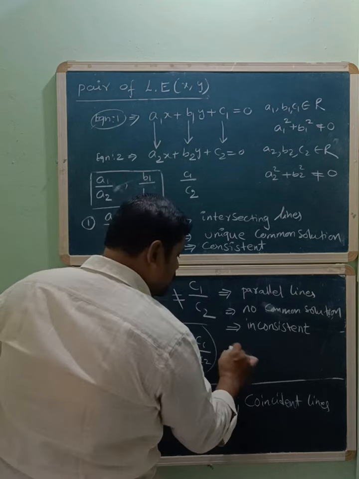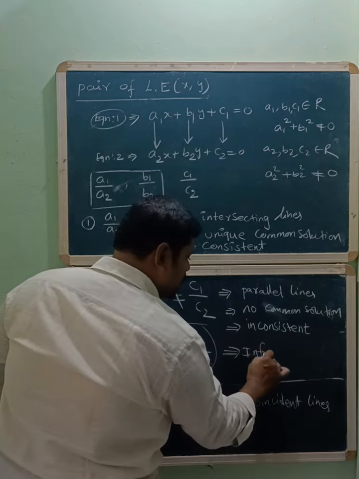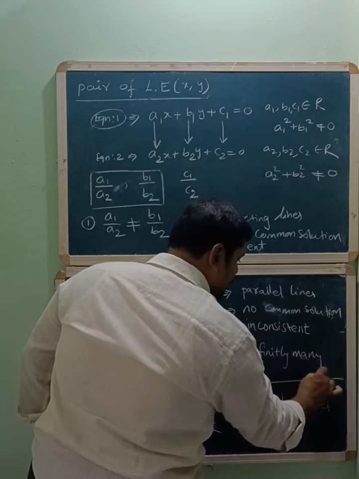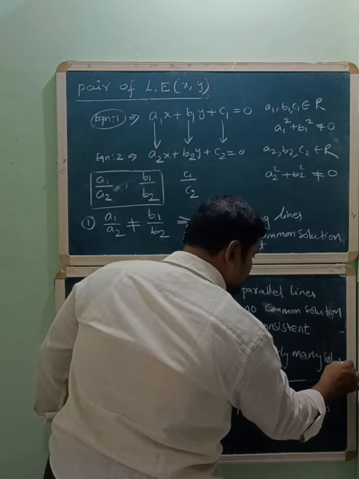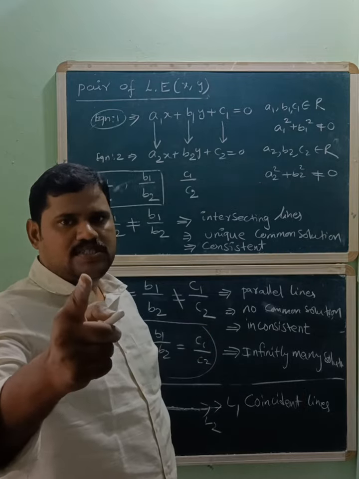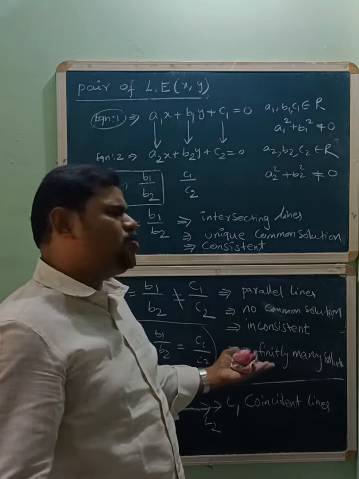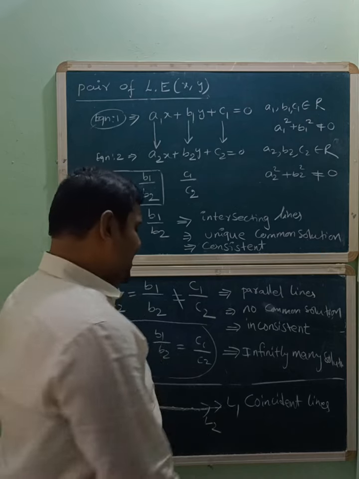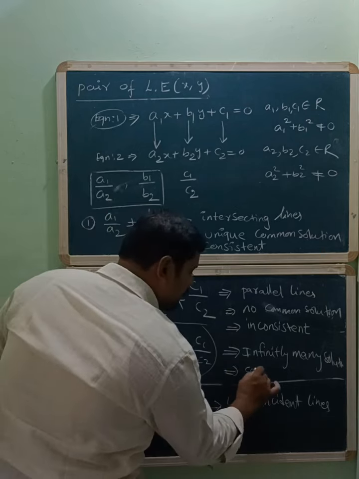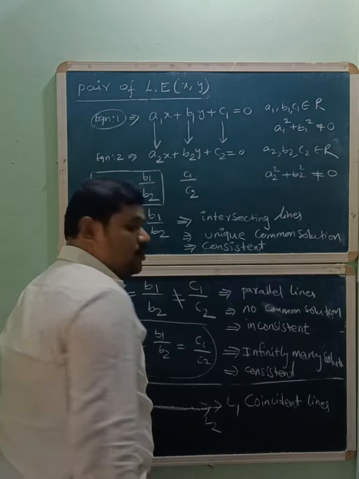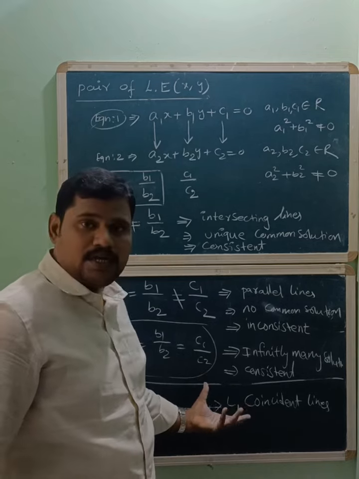That means infinitely many solutions. At least one solution is there, that is consistent. So there are so many solutions, so it is also a consistent line. I hope all understood this one.